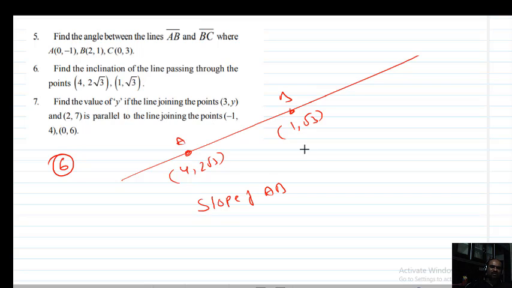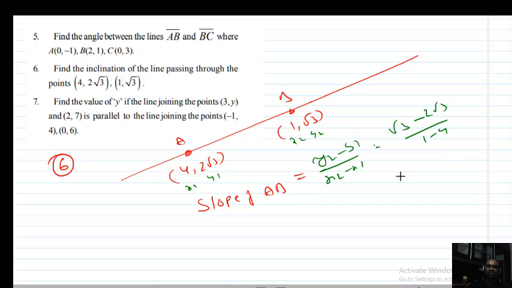So this is A, this is B. So this is x1, y1, x2, y2. (y2 minus y1) by (x2 minus x1). That is equal to (root 3 minus 2 root 3) by (1 minus 4). That is equal to minus root 3 by minus 3. That is equal to 1 by root 3.